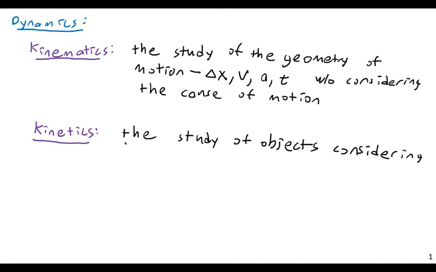And this is the material from chapter 11 of the Beer Vector Mechanics book. Kinematics is more the topic of this. Really, these two topics are what we'll spend most of the entire course talking about.